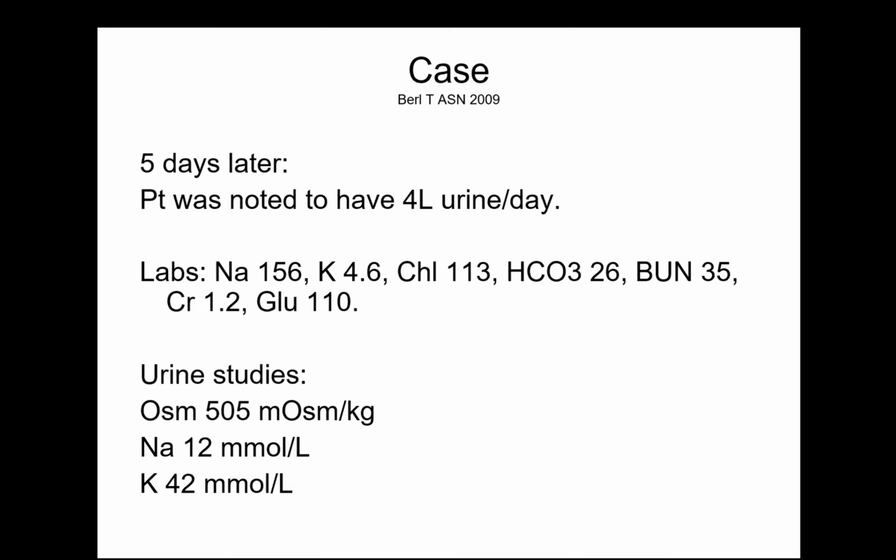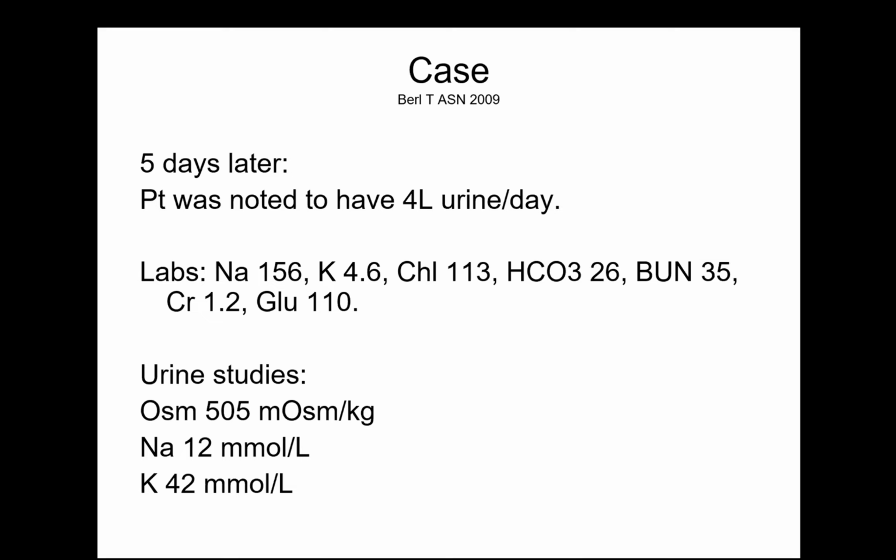So if our urine osm output is more than 1,000 milliosms per day, we will define it as a solute diuresis. So in this case, what is her urine osm output? It's 500 times 4, which is 2,000. So it's sky high. So this is a solute diuresis.